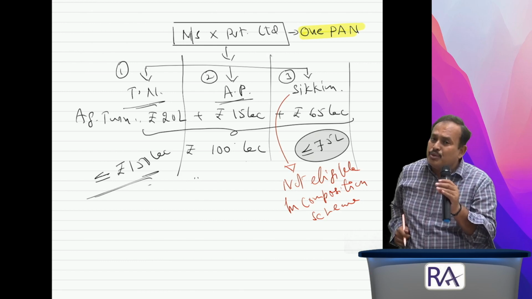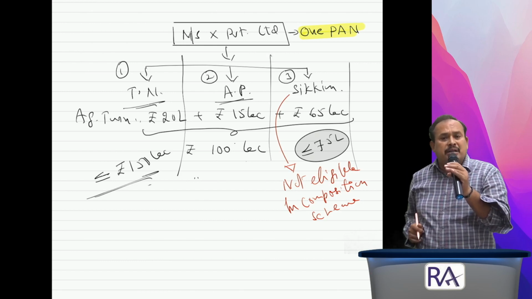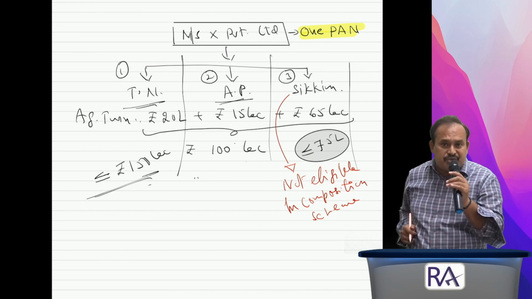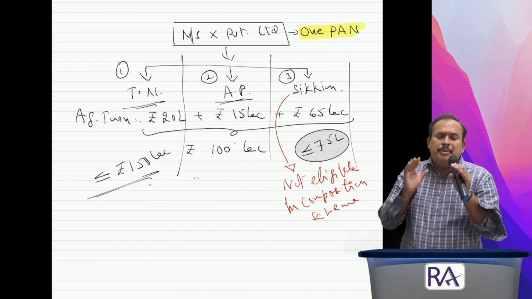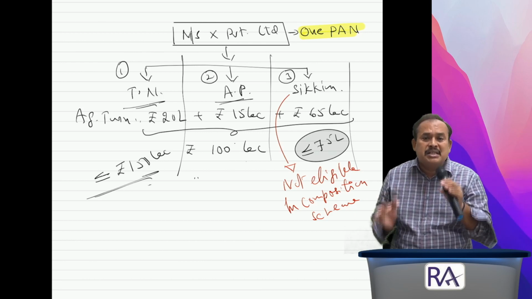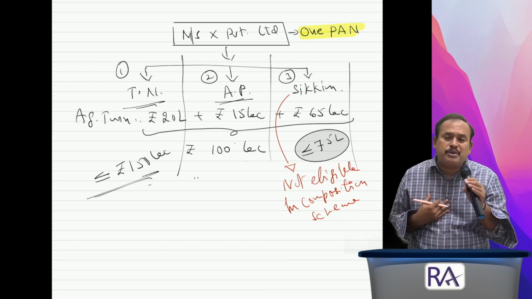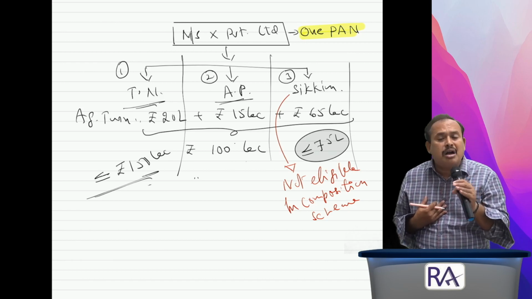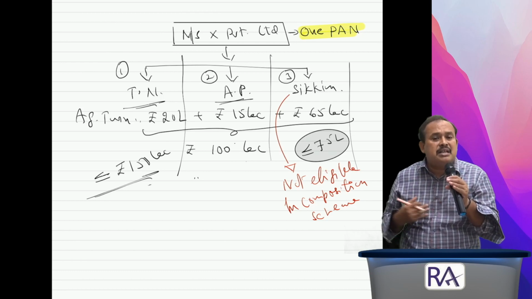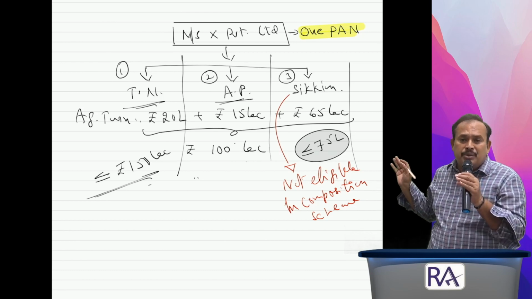You cannot have two schemes having the same PAN number. Therefore, either you may be a composition scheme all India basis, or you may be a normal scheme all India basis. Since you are not eligible for composition scheme in the state of Sikkim, you are also not eligible for composition scheme in the state of Andhra Pradesh as well as Tamil Nadu.